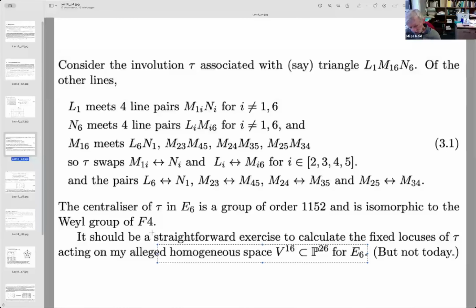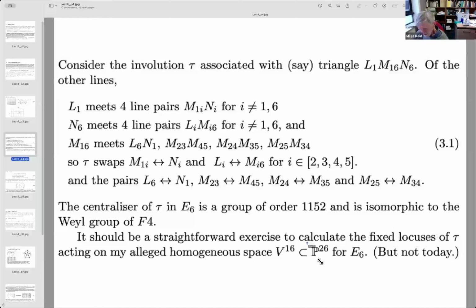Yes, so I've got this V16, which I want to think of as being something like a Grassmannian variety that E6 acts on, and E6 is the symmetry of V16. And then I take this involution, I'm taking the variety and folding it in half, and then there is the line of folds, which is the fixed locus.